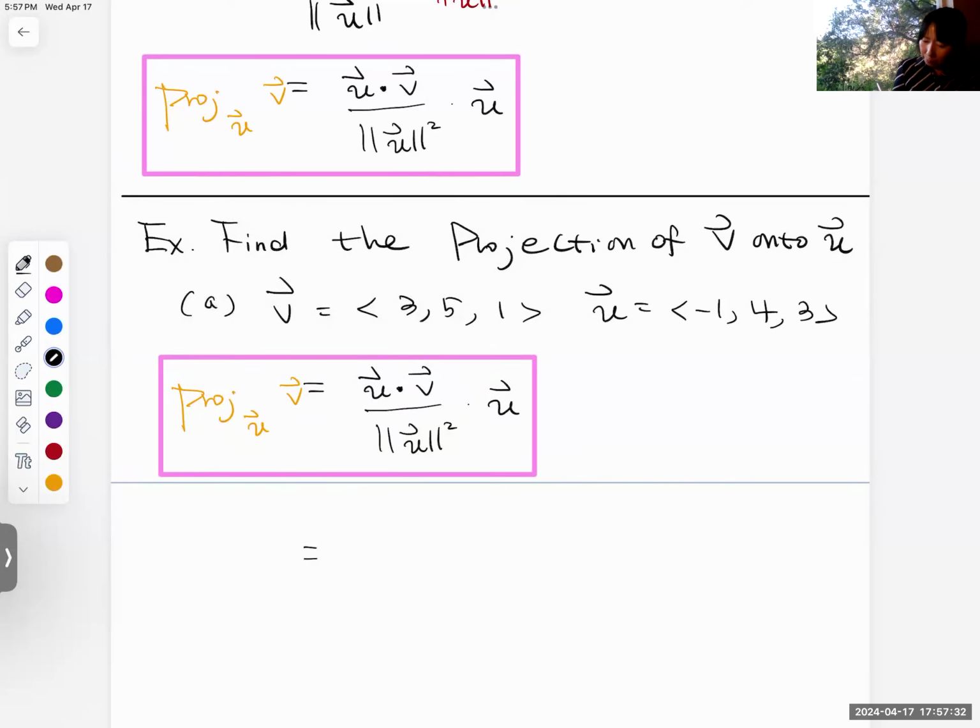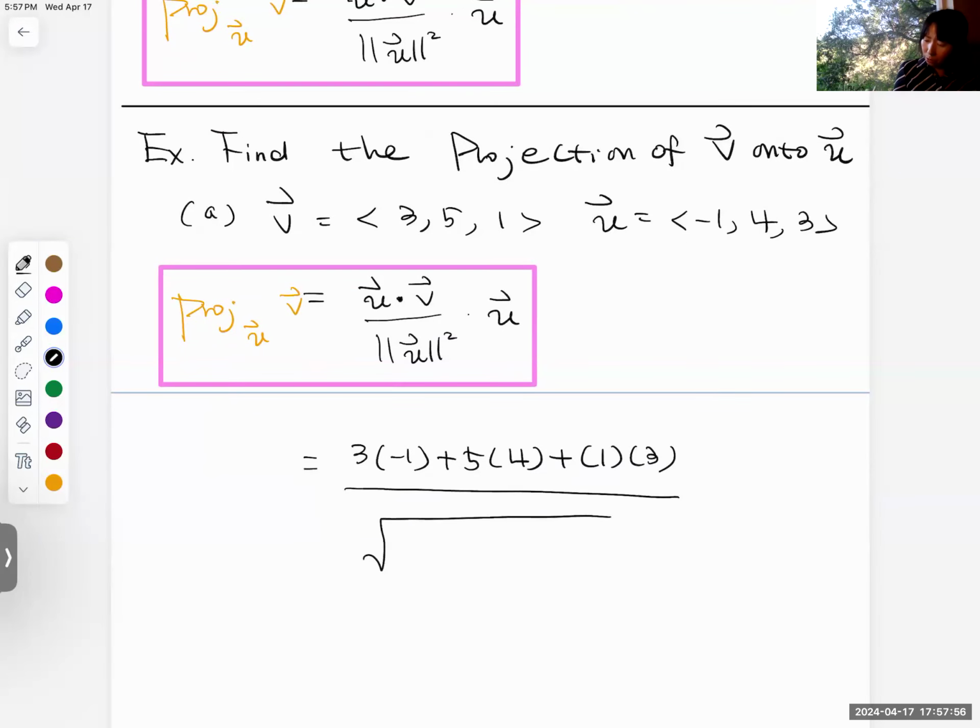That will be the dot product: 3 times negative 1, it's commutative so we can do that, plus 5 times 4, plus 1 times 3, over a squared term, right?